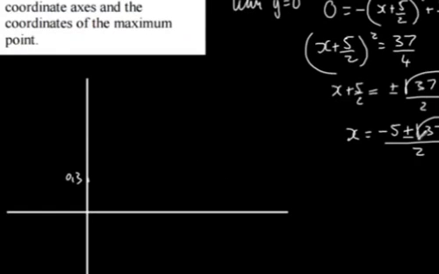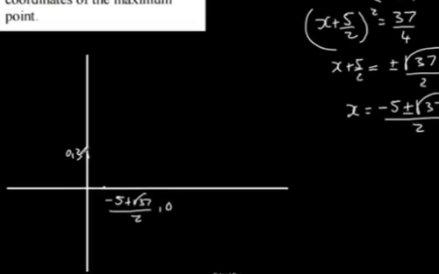Now, the root of 37 is going to be just over 6. So negative 5 plus 6 over 2 is going to be somewhere here. Not massively in that direction, so that's going to be the negative 5 plus the square root of 37 over 2, 0.